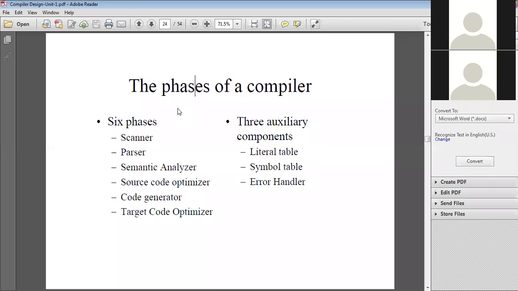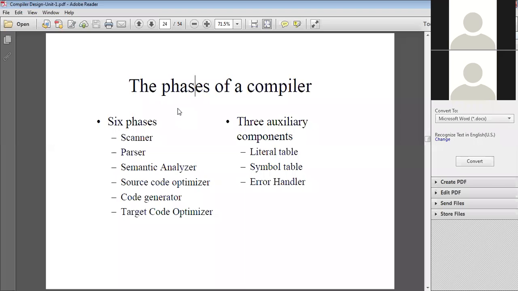The literal table and symbol table are used to store the different tokens. All the information of your program will be stored in the symbol table or the literal table, and at the end there is the error handler.